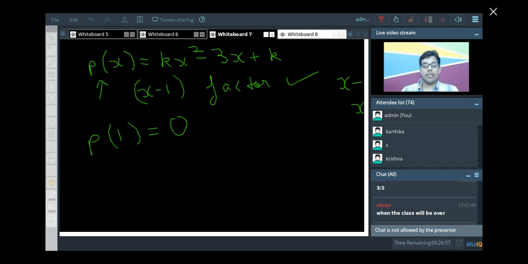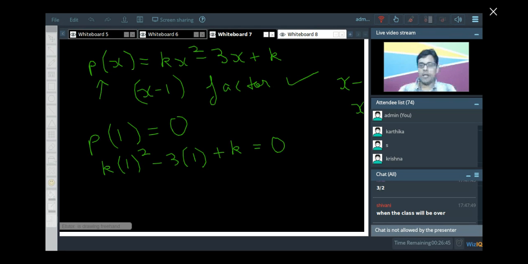Then we will get here in this case k multiplied by 1 square minus 3 multiplied by 1 plus k equals 0. So finding here the value of k, it would become k minus 3 plus k equals 0.